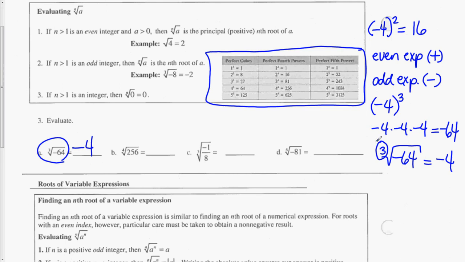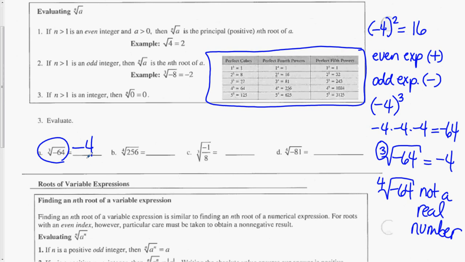If that number were to be even, then that's not a real number. You can't do even roots when you have a negative underneath. You can do odd ones though. So the cube root of -64 would be -4. If you're doing these in the calculator, I would put the number that's underneath the root in parentheses. That might also help. Just be very careful when you're using the calculator.